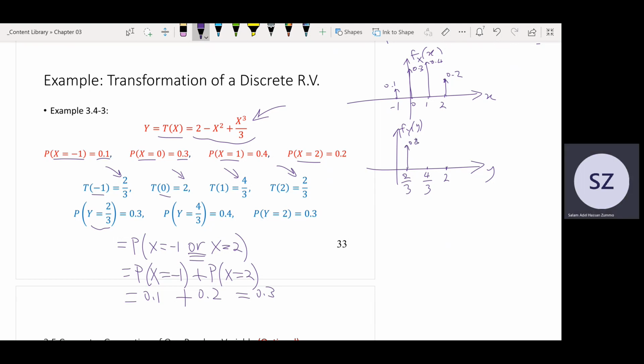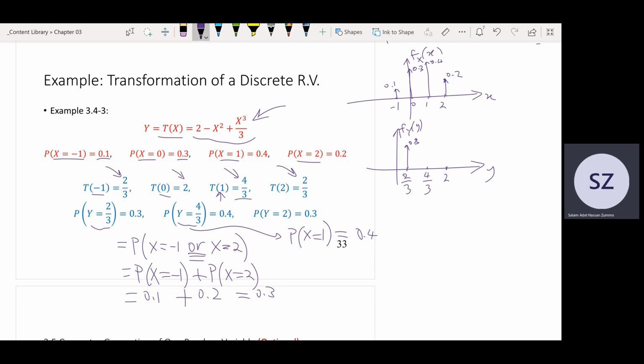Now, what about the second value? When does Y equal 4/3? What is the corresponding event? When X equals 1, because 4/3 happens when X equals 1. And what is the probability that X equals 1? 0.4.